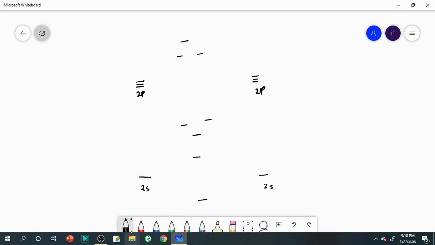Now I am trying to join all these using a green pen. So this is sigma 2s, this will of course be sigma star 2s, and this will be sigma 2p.